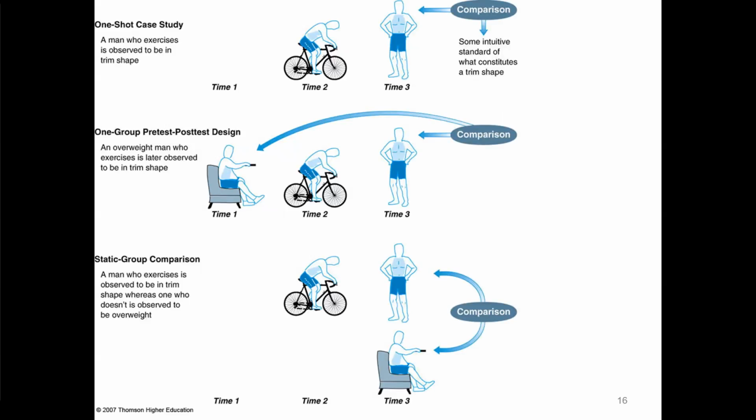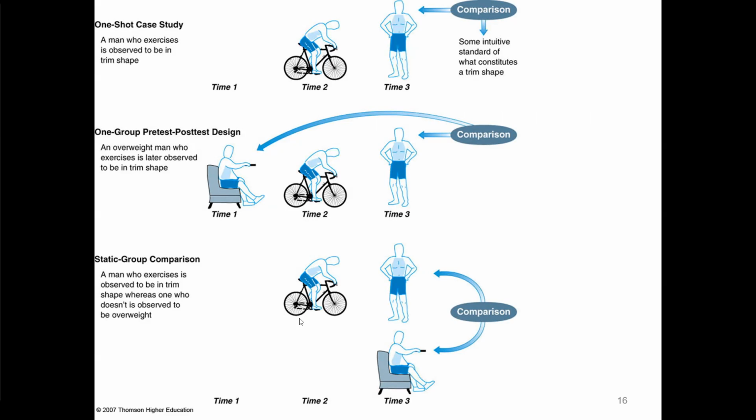So here is a chart, I think, that does a nice job of illustrating the differences between the one-shot case study, the one group pre-test, post-test, and the static group comparison for the quasi-experimental designs. So we have a man who exercises, is observed to be in shape. He doesn't have this observation at time 1. He exercises, and then this is him at the end.